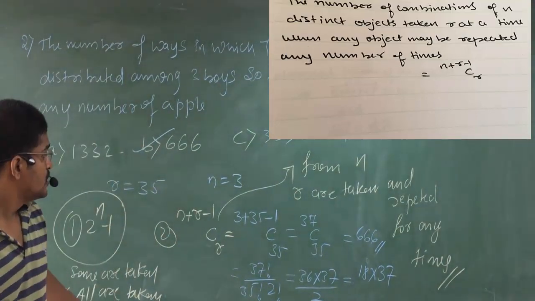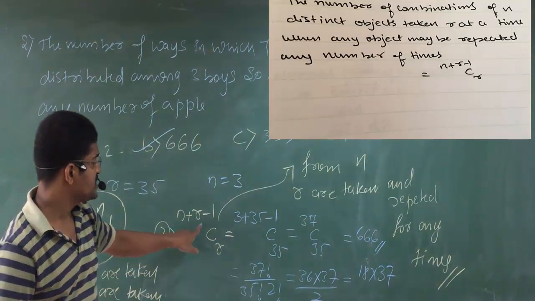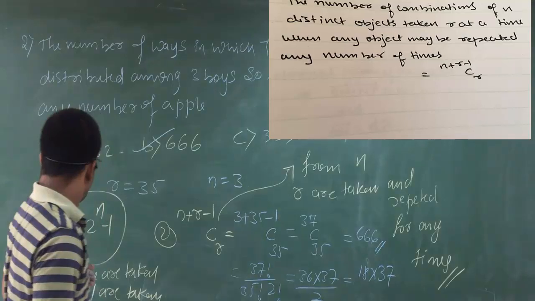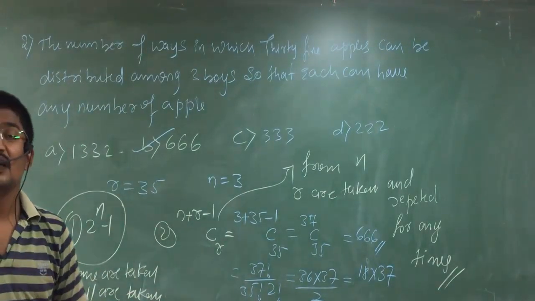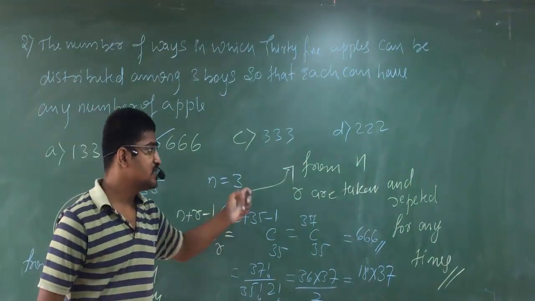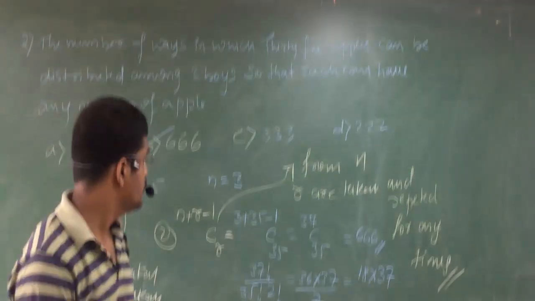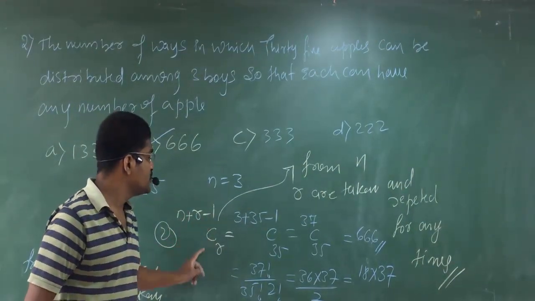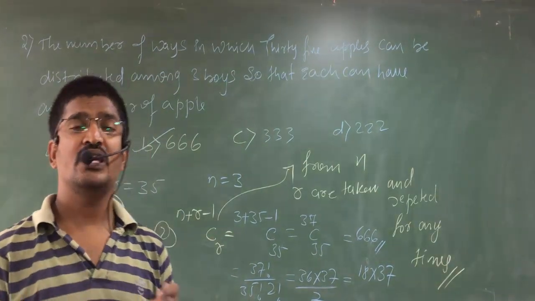Clear, students? So from n, r are taken and repeated for any number of times will give you n plus r minus 1 C r. Some are taken, that means from n, some are taken or all are taken will give you 2 to the power of n minus 1. These are the two important formulas for the combination topic.